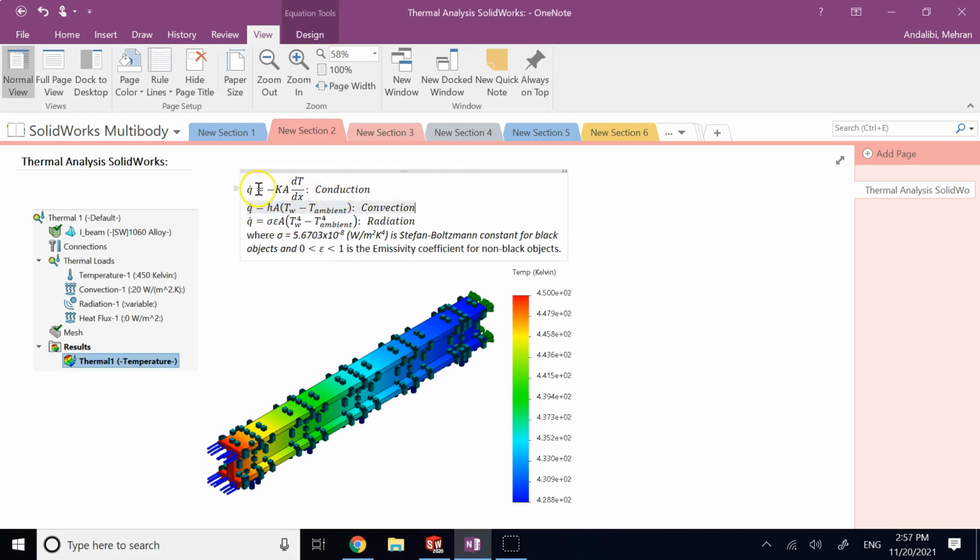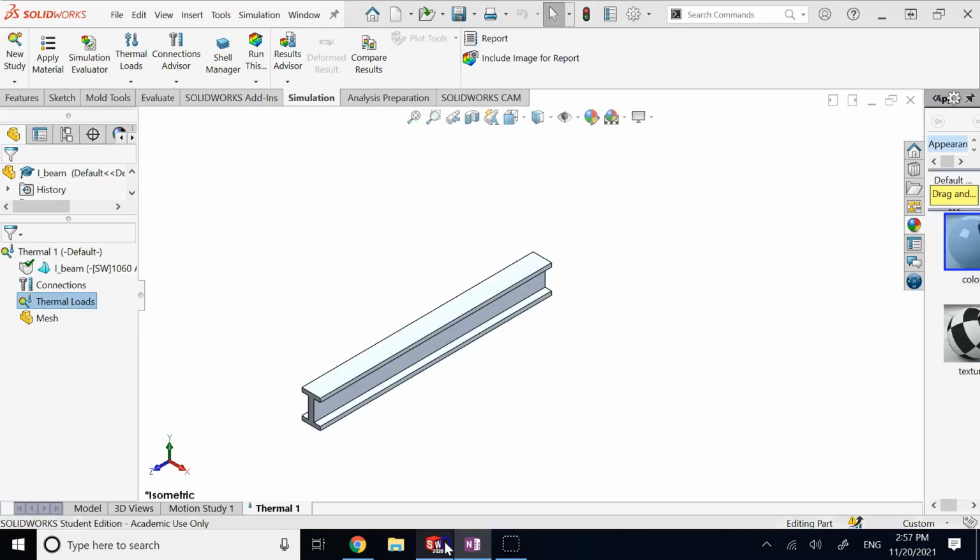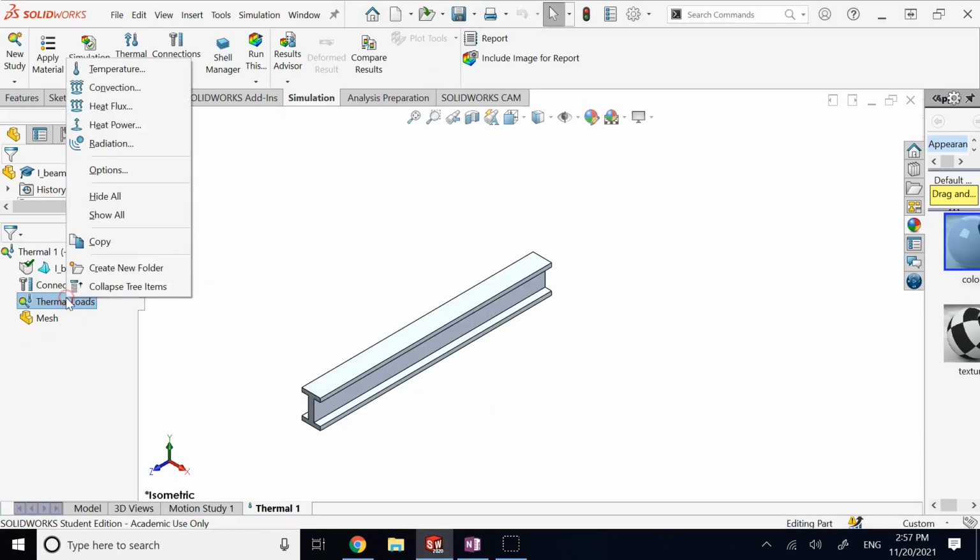For heat flux, basically it's a constant Q dot that is passing through a specific cross section. So that heat flux, although the shape of it looks like convection, it's just basically a constant or specific input, but not necessarily through the fluid flow.